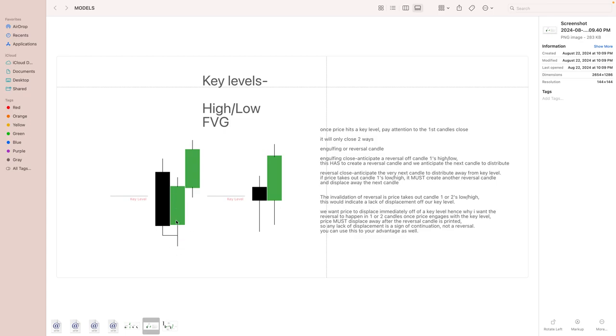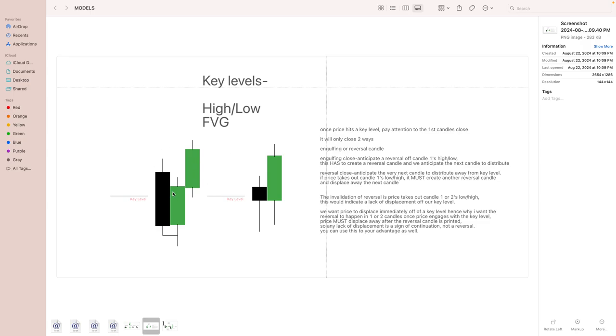We're going to wait for the candle to close. And if it closes like this, a reversal candle, now we can trade the third day. And we want to see displacement on the third day. The key is we always want to see displacement after the reversal candle is put in. In this depiction, the first candle forms the reversal candle, and after it, we want to see the next candle displace higher.